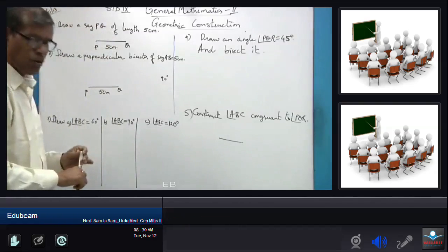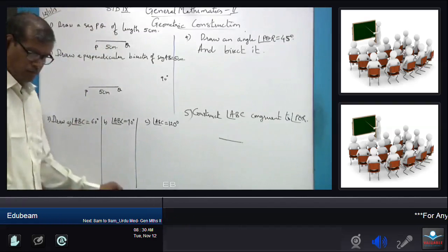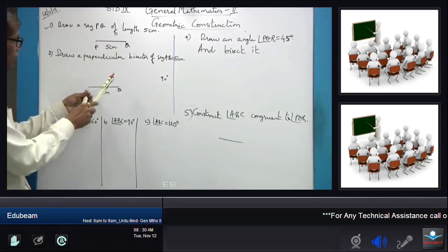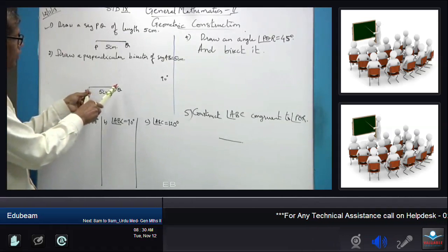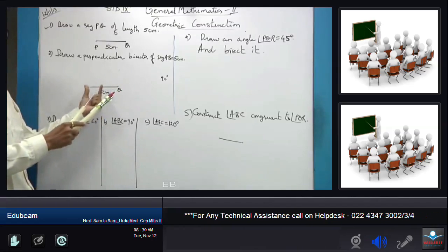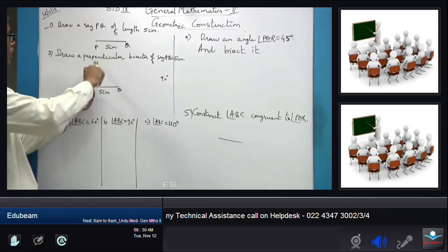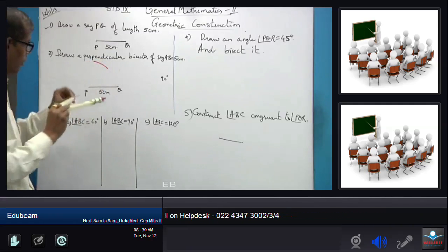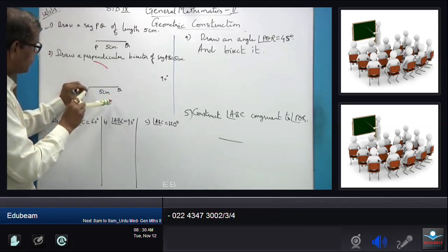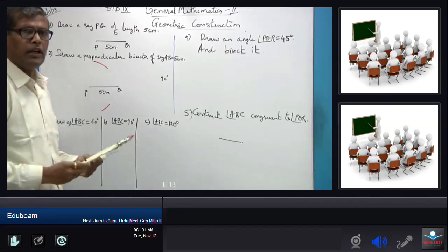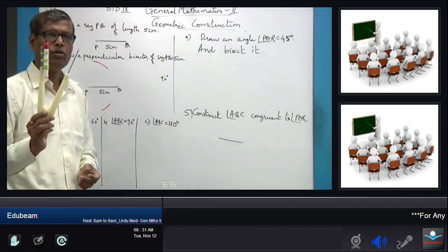For that you require a compass. You are going to keep this on P, and take a measure more than half of this PQ, you take it on top. The same measurement, you are going to put from this P downwards, and from the other end, the same measurement, you are not going to change anything.